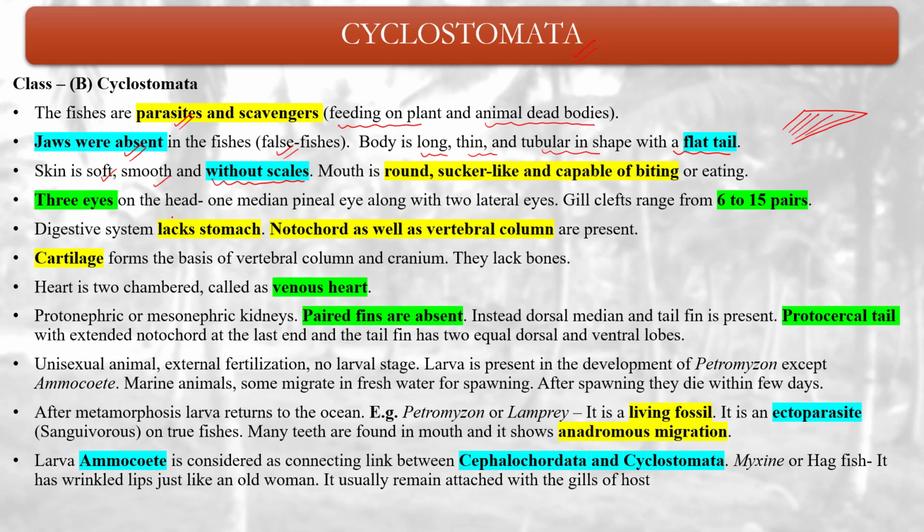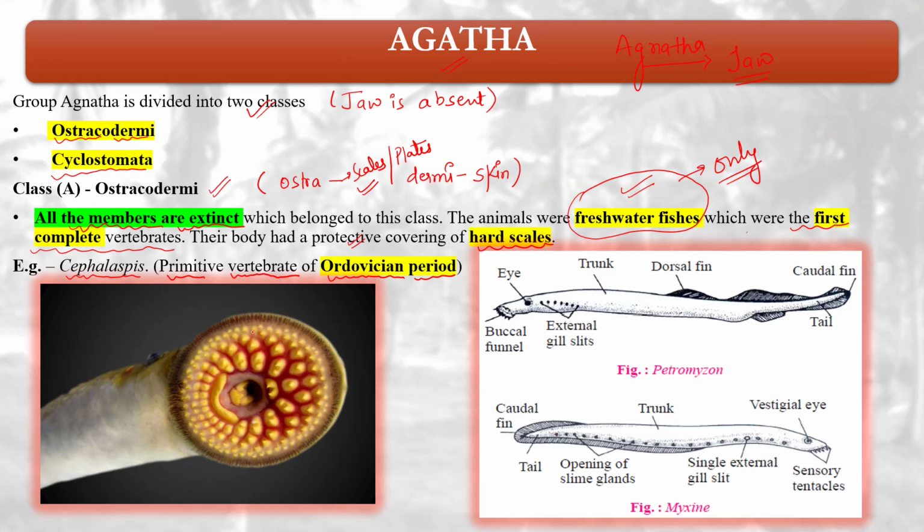Previously, ostracodermi had hard scales, but now the scales are absent. Mouth is round, sucker-like and capable of biting or eating. That's what I showed in the previous figure.